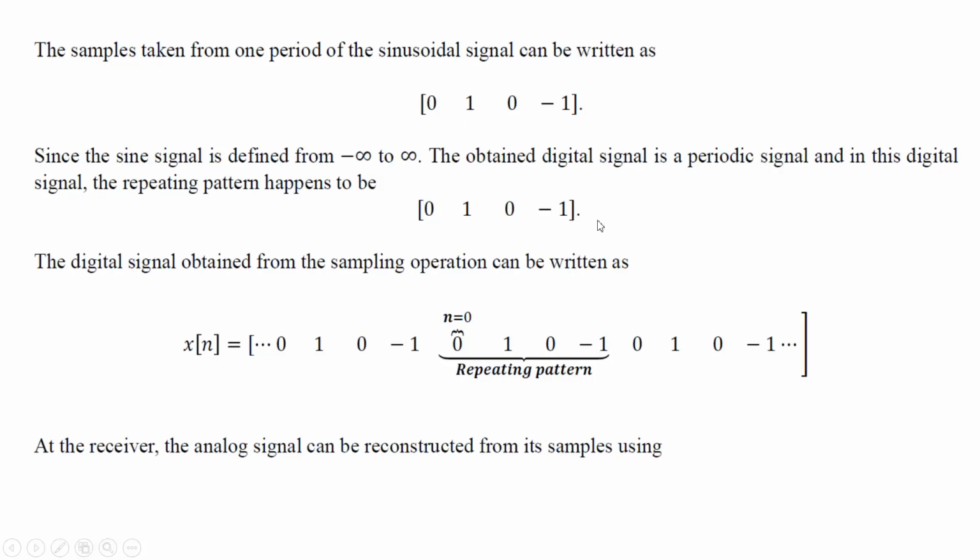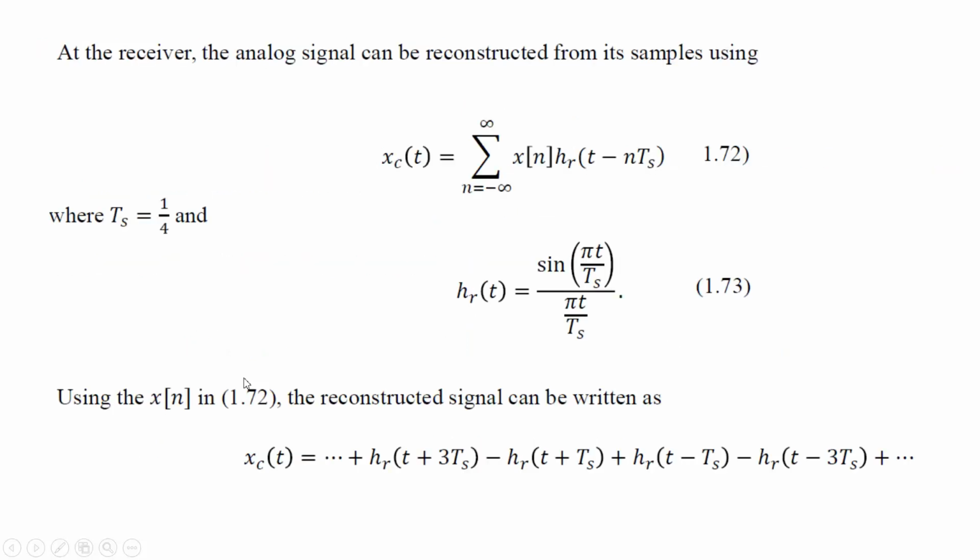So this pattern will actually repeat. So the digital sequence is a repeating pattern, and the pattern that will repeat is 0, 1, 0, minus 1, then again 0, 1, 0, minus 1, and 0, 1, 0, minus 1. That's how the digital sequence will be available at the receiver, and we need to reconstruct the signal.